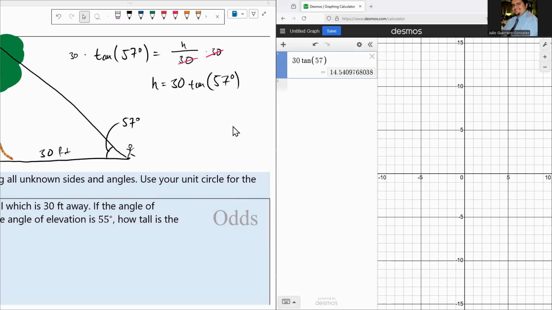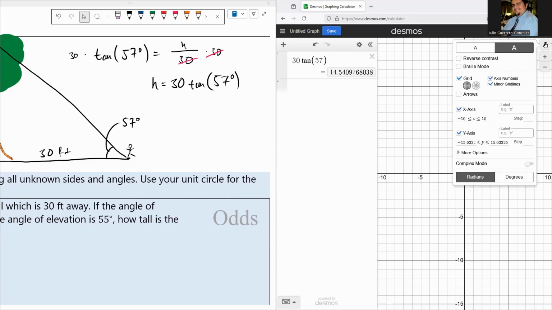In Desmos, if you go over here to the little wrench, you open this thing up, you got all the stuff for the graphing. At the very bottom, you have radians and degrees. Right now, it's giving me the answer for radians. I don't want radians because the angle I put in is a degree. So I'm going to switch it to degree. There we go. Here's my answer.